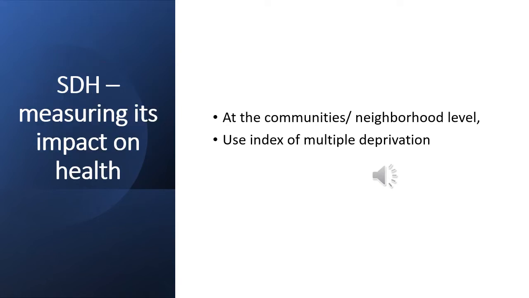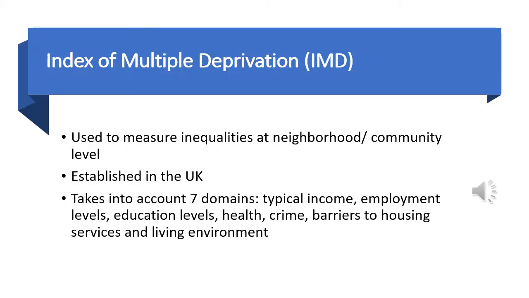Another tool used in measuring the social factors and their impact on health is the index of multiple deprivation, which is usually used to assess the status within communities and neighborhoods. Basically, the index of multiple deprivation is used to measure social inequalities, or the social gradient, at the neighborhood community level, established and implemented in the United Kingdom.